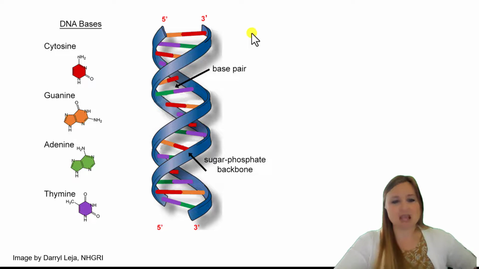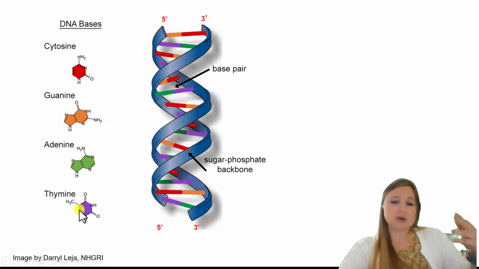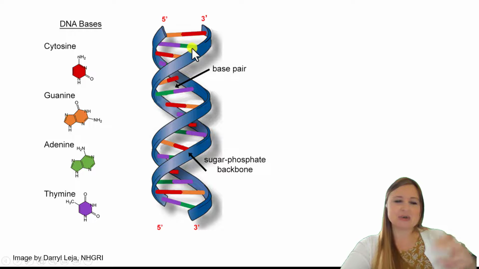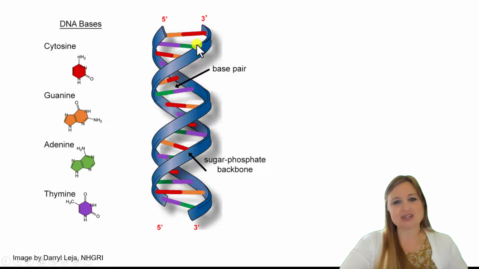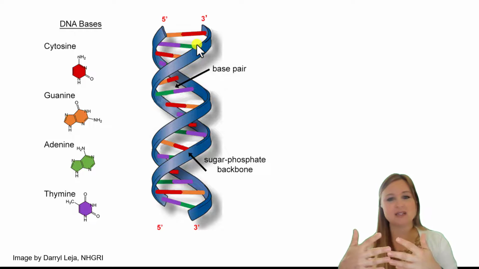So here, when we look at the different bases of DNA, here in orange is guanine. So we know guanine is always going to form a base pair with cytosine, which is in red. And then the purple one here is thymine. So we know on one strand, if it's thymine, it's going to be adenine on the other strand, okay? So T and A always form a complementary base pair.